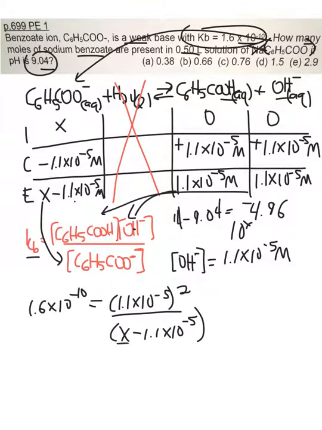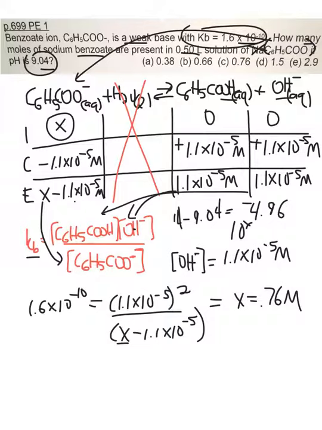Okay, you can now solve for x, but here no need of the quadratic formula. So when done correctly, x should equal 0.76 big M, which is the initial concentration we start off with for sodium benzoate.